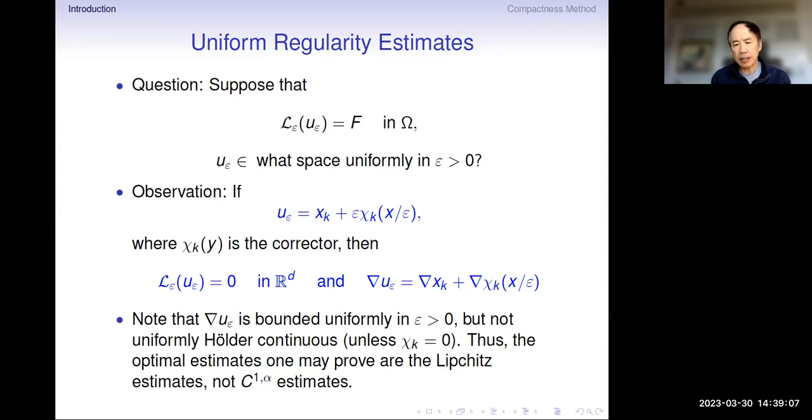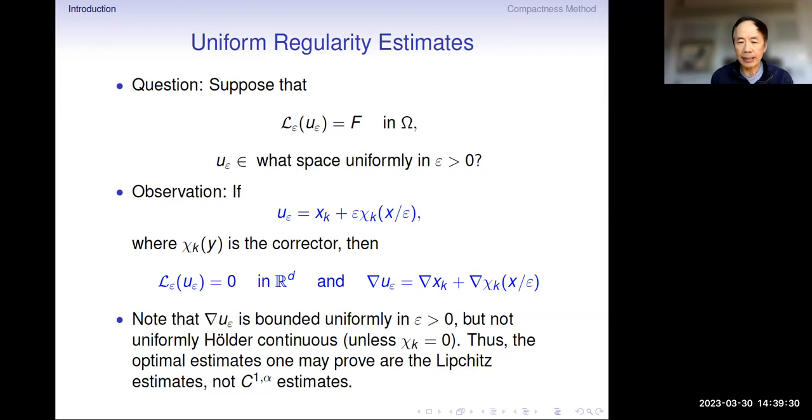So that second term is only bounded as far as the continuity is concerned. It's not even uniformly continuous in epsilon. And therefore, as far as the uniform regularity, the best estimate we can hope for is Lipschitz.